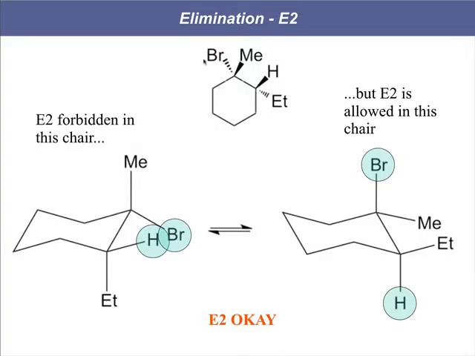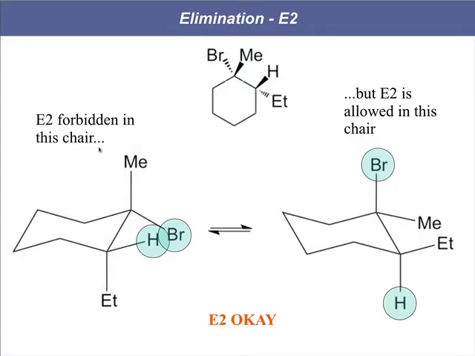But there are some things to consider. If we draw this line angle structure as a chair, we could draw it like this. Here's our chair. We could put our methyl up, axial, our bromine down, equatorial. Then we could put our hydrogen up, equatorial, and our ethyl down, axial.